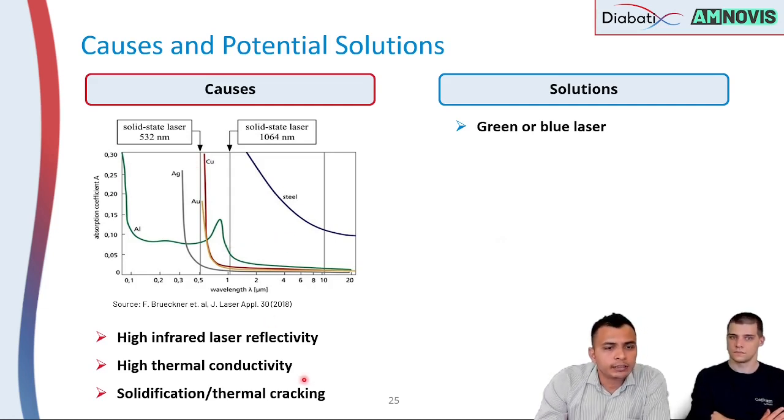The next challenge, which affects the narrow processing window, is the high thermal conductivity of copper. We actually want thermal conductivity, so we have to make sure that this parameter doesn't get affected when we process copper parts. And third and last is solidification thermal driven cracking.